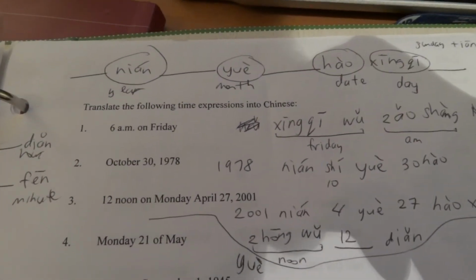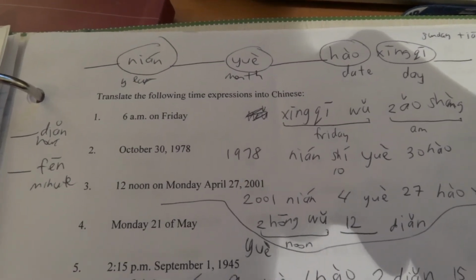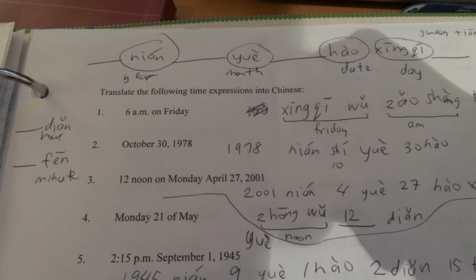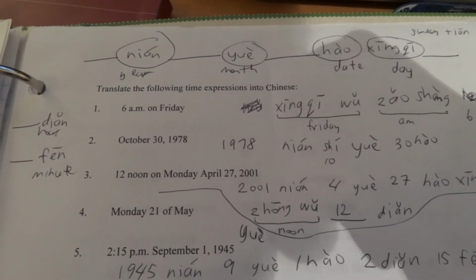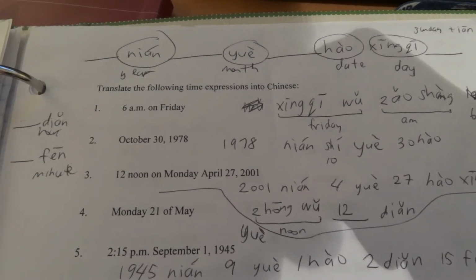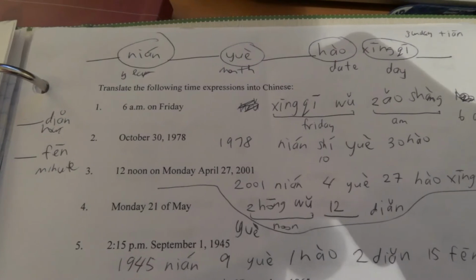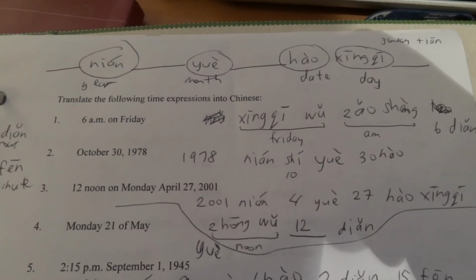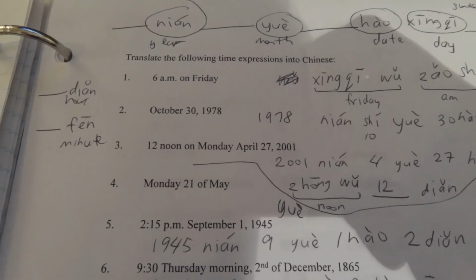Okay, so let's review. I'll read out what they are and you could tell me what the day signifier is. So year, 年, month, 月, date, how? Day, 星期. Hour, 点, minute, 分.